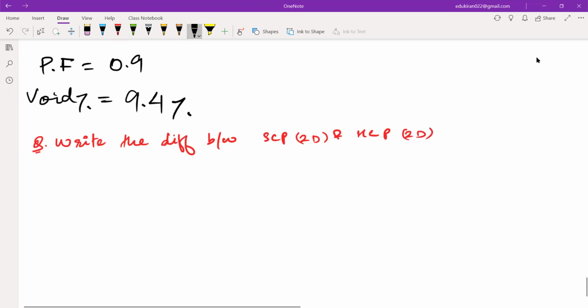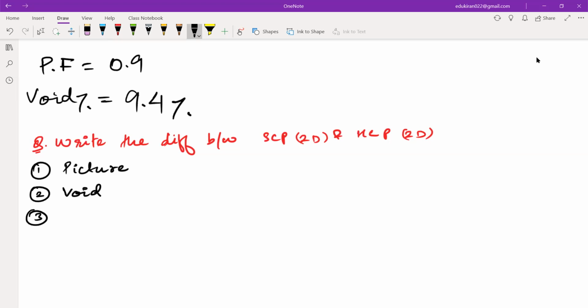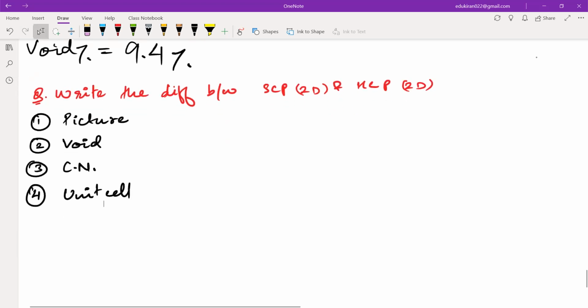So what are the points that you can write? First of all, you will draw the picture of both the packings, right? Atoms under atom and atom under depression. Then as soon as you draw the picture, you will identify the void. Third thing that you will identify is the coordination number. Fourth thing that you will see is the unit cell. Okay, so you will say that in one case the unit cell is going to be hexagon, in the other case the unit cell is going to be a square.